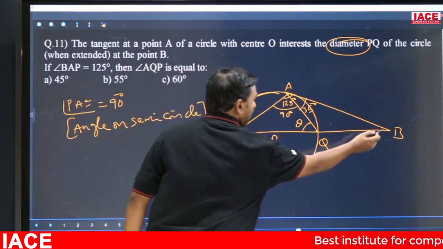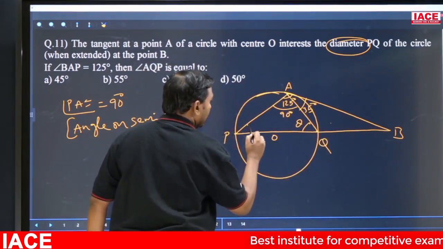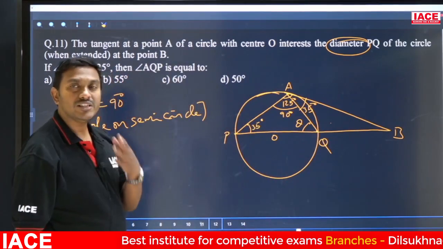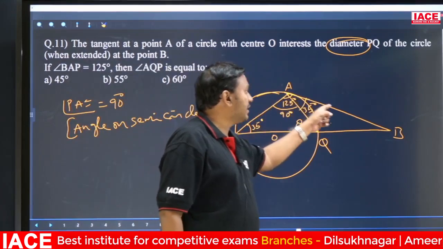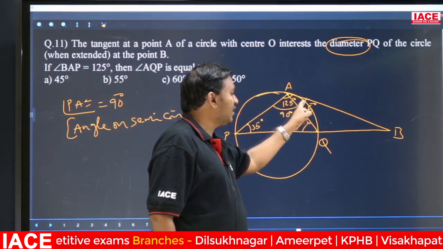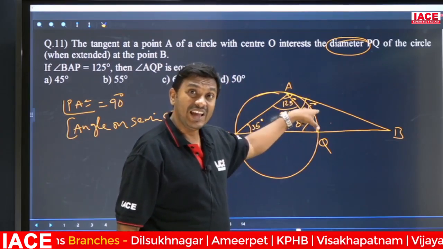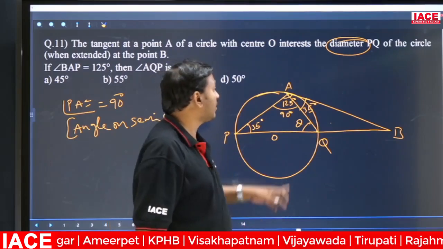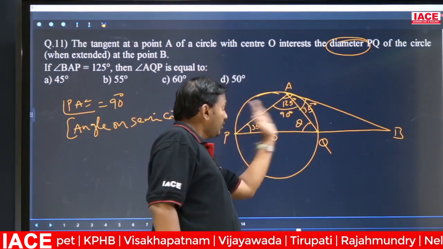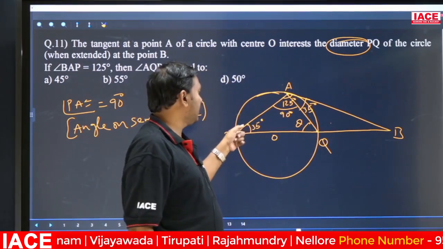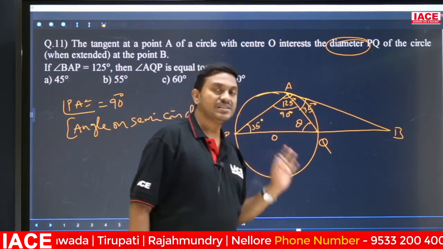That means angle BAQ and angle APQ are always equal. What is the chord? Chord is AQ. So it is forming on the minor, and in the major it is forming at P. So that is 35, means this is also 35.